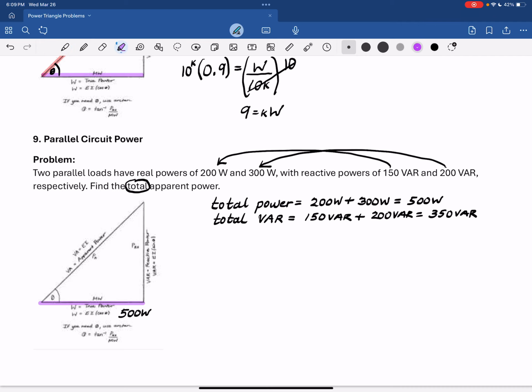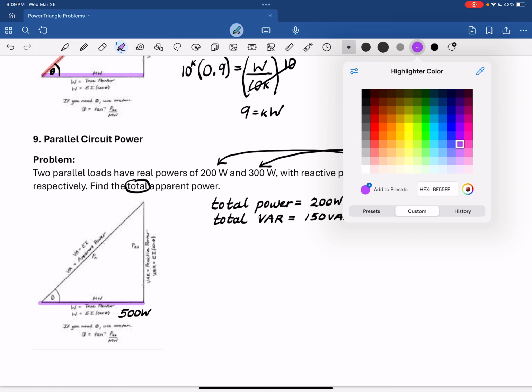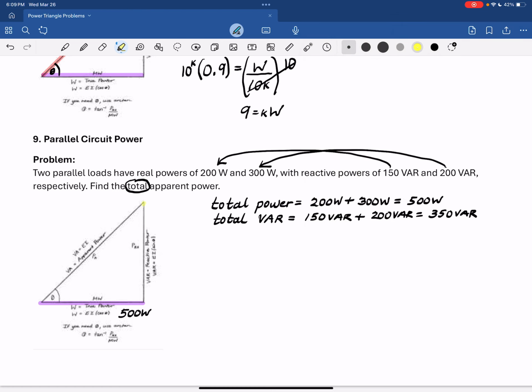And that is reactive power, so that corresponds to the yellow element of my triangle. So 350 is here. And that's measured in VAR. So I have a right triangle. I do not know theta, but I know 2 of the 3 pieces, so Pythagorean theorem will work for me here.